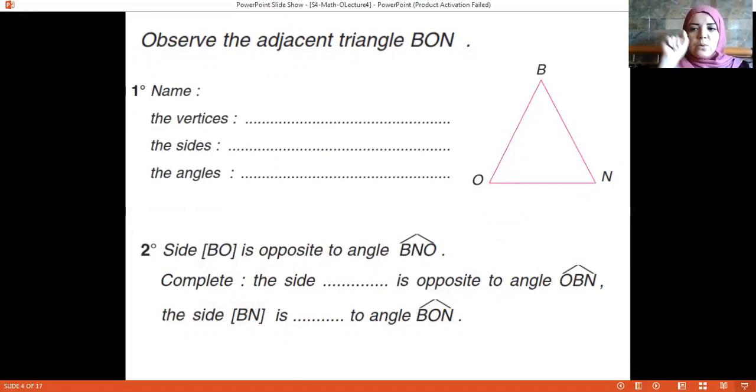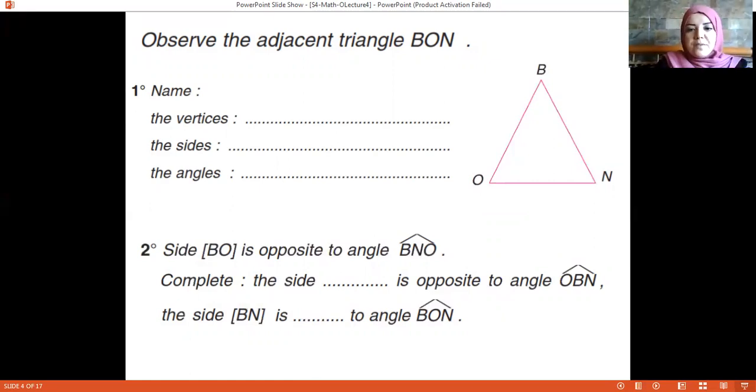Do you still remember those three non-collinear points? We call them vertices. It's from vertex: one vertex, three vertices. So from the word triangle, it's three angles, three vertices, and three sides.